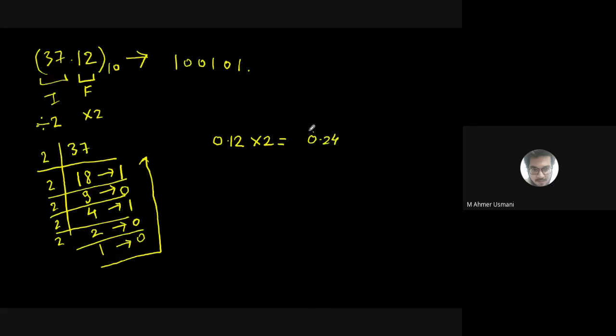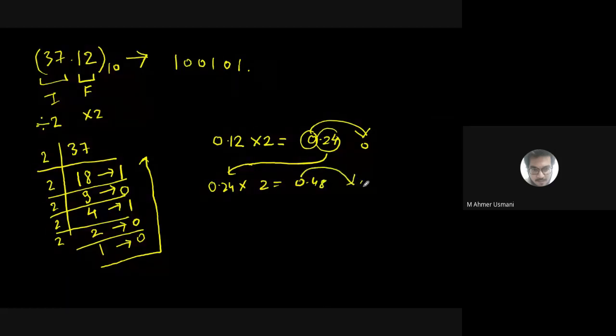I'll take this integer part and record it as 0. I'll take 0.24 and multiply by 2. What will we get? 0.48. Again, this 0 will come over here and 0.48 will go over here. 0.48 multiplied by 2 will give 0.96.